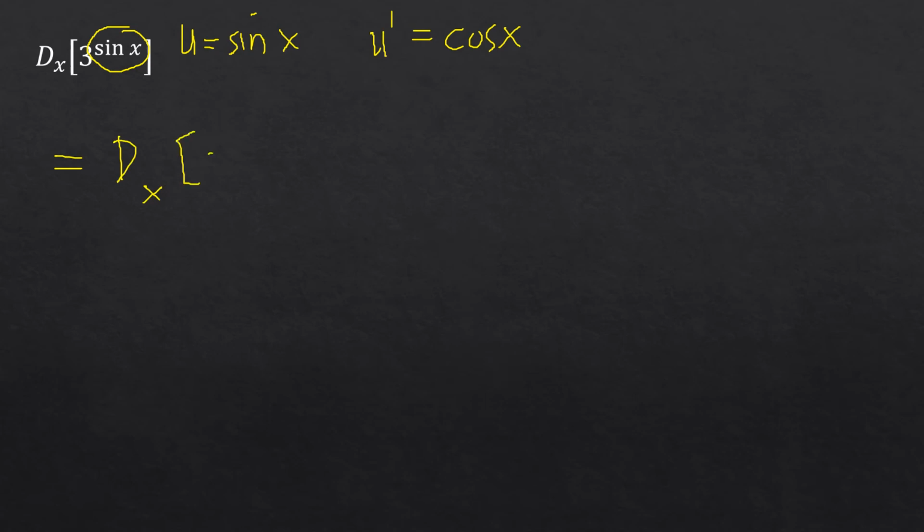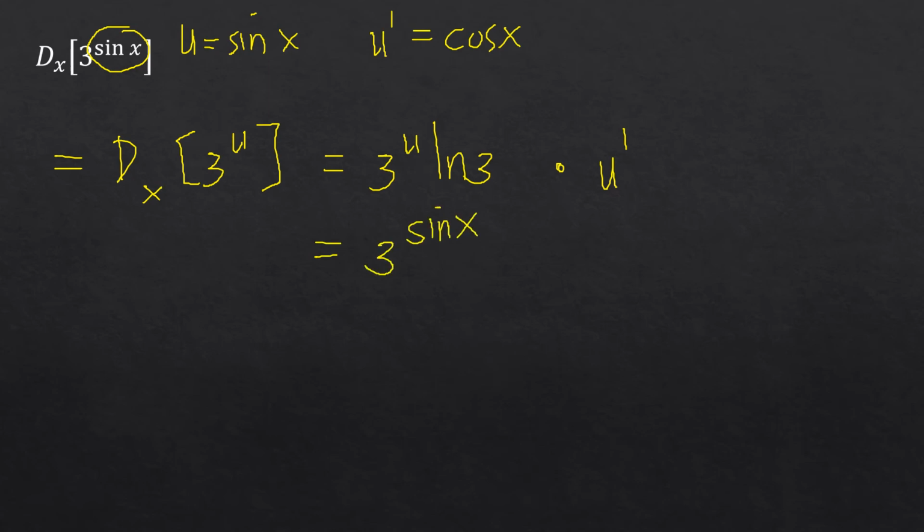So in this case, we let u be equal to sine x. So u is equal to sine x, and the derivative of u is cosine x, or the derivative of sine x is cosine x. So this will now be written into the derivative of 3 raised to u is equal to 3 raised to u ln of 3 times the derivative of u. So substitute u as sine x as given, and the derivative of u is cosine x.